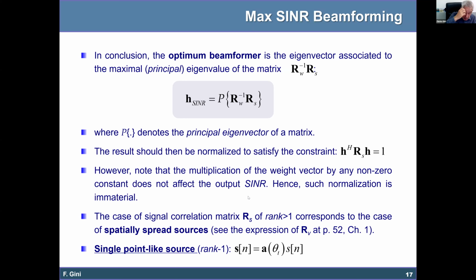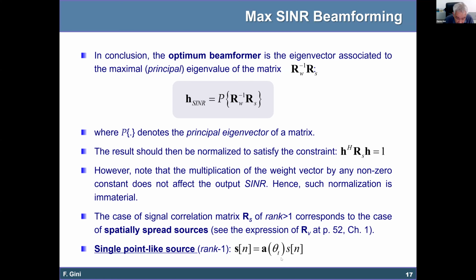Now, let's assume that there is only one target or one source, and this source is point-like. So the same assumption that we made to solve the first problem, the minimization of the mean-square error. So let's assume that the signal vector has the usual expression for a single point-like source.